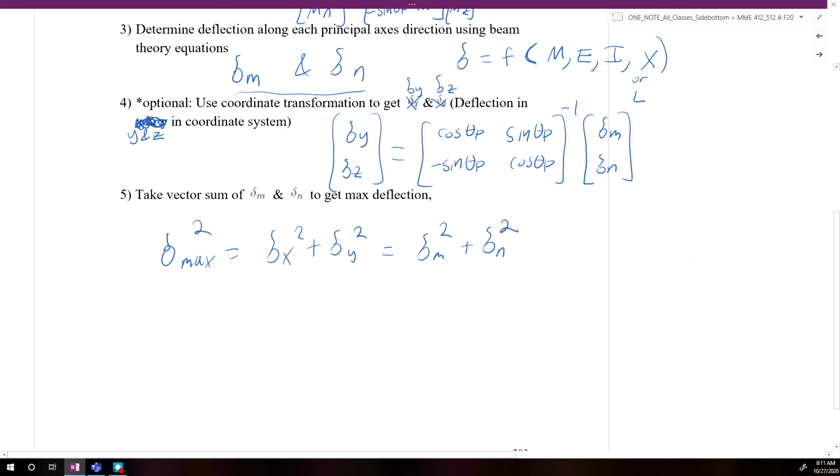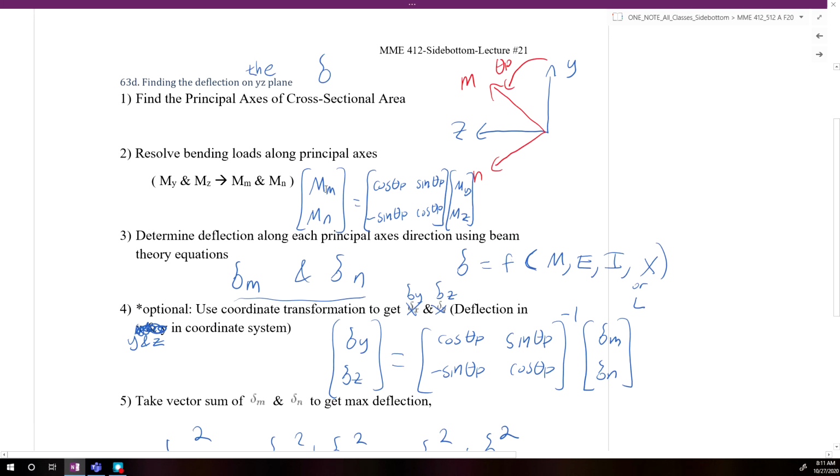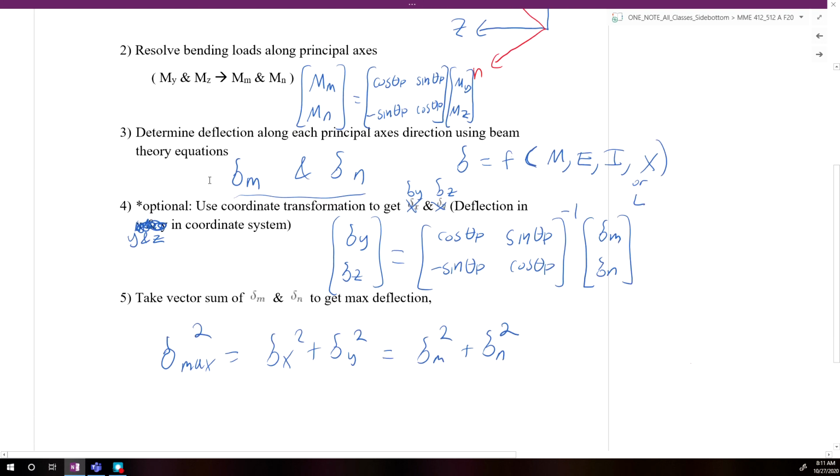In summary, what we did here is we first found our principal axes, m and n, using the equation for theta P. Once we have theta P, we can plug it in to solve for our bending moments about the m and n axes using this transformation matrix. Then we can determine the deflection about each of the principal axes using the beam theory equation.